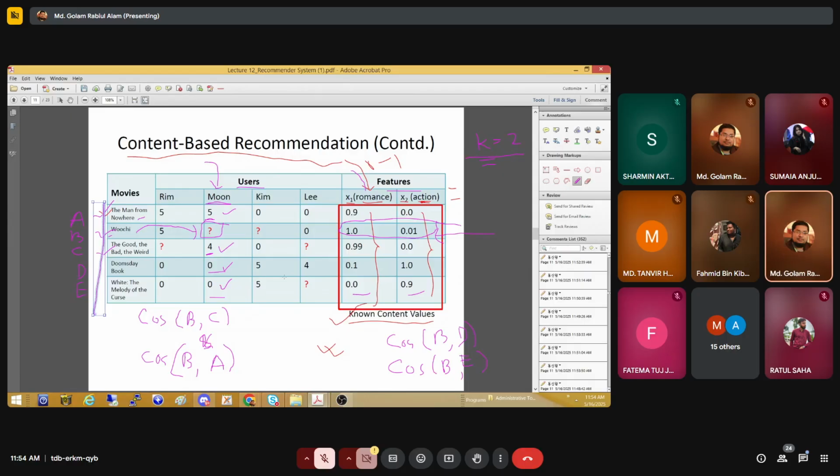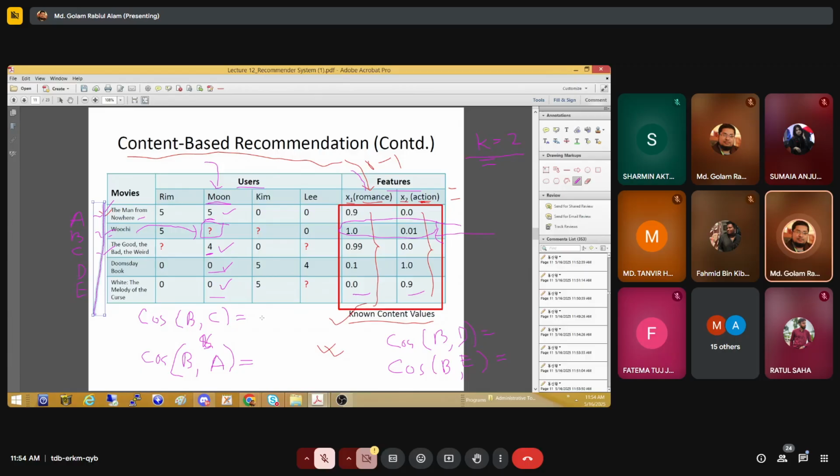These are the movies watched previously by Moon, so we just consider those movies. Then we find the cosine similarity among these movies. I have already shown how to determine the cosine similarity.